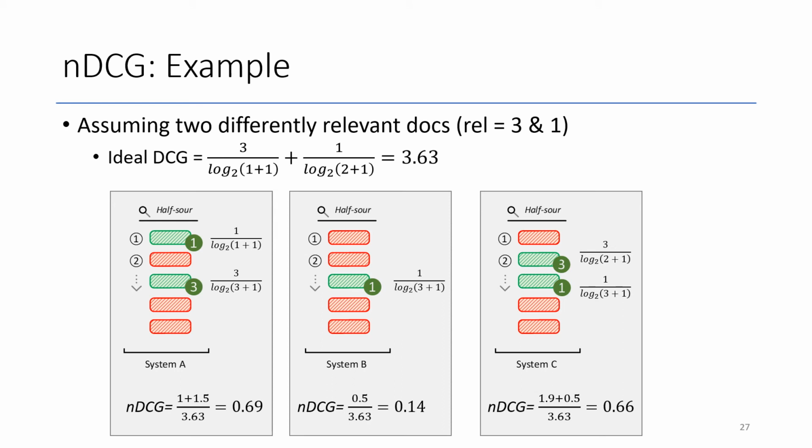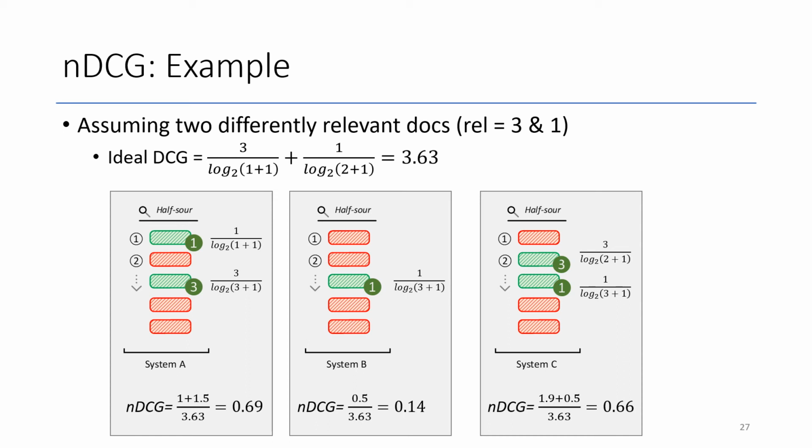And here in our example for nDCG, we have to make it a little bit more complicated. We now assume two relevant documents where one has a relevance of 3 and the other 1. If we compute our ideal DCG that we're going to use for every single one of our systems, we can see that we sorted the documents.